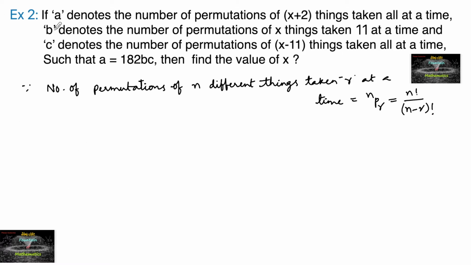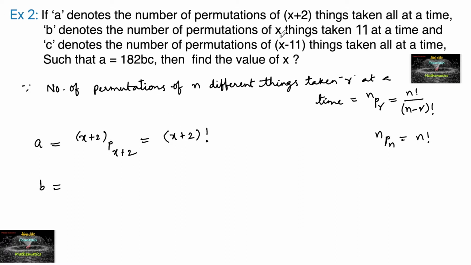So here in this example, A denotes the number of permutations of x plus 2 things taken all at a time. So that is x plus 2 P all at a time, means we must take r is equal to x plus 2, and also we know that nPn is equal to n factorial. So which is equal to x plus 2 factorial, which is A.